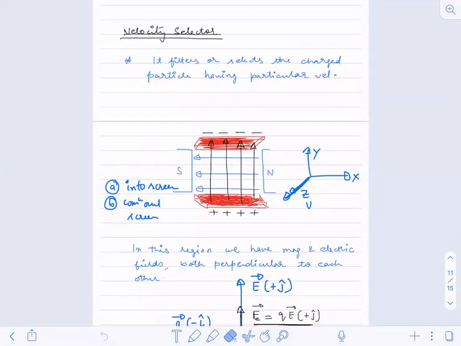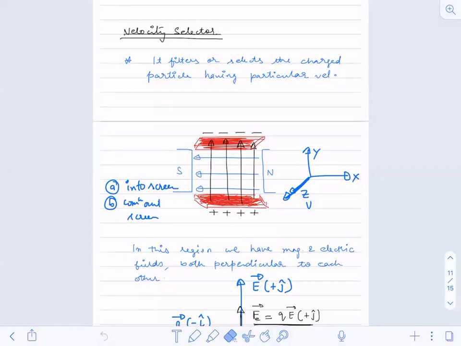There is a crossed field. Okay, there is a crossed field of electric field and magnetic field. Crossed field means they both are cutting each other. Magnetic field lines and electric field lines are cutting each other. In space, they are at 90 degrees to each other.